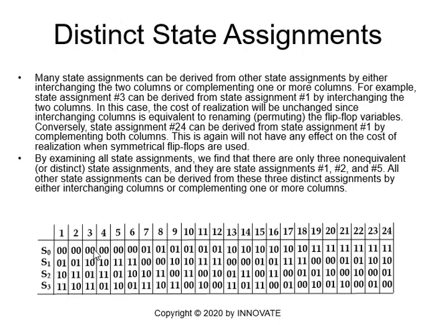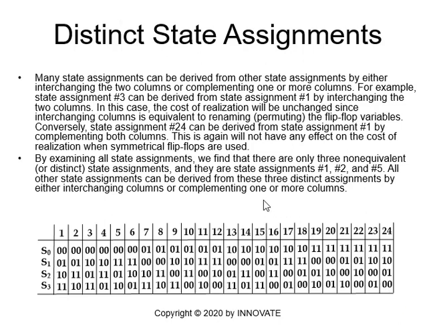Just the 2 columns are interchanged. The same way, state assignment 24 can be derived from state assignment number 1 by complementing both columns. So 0,0 will become 1,1, 0,1 becomes 1,0, 1,0 becomes 0,1, and 1,1 becomes 0,0, and we get state assignment number 24.